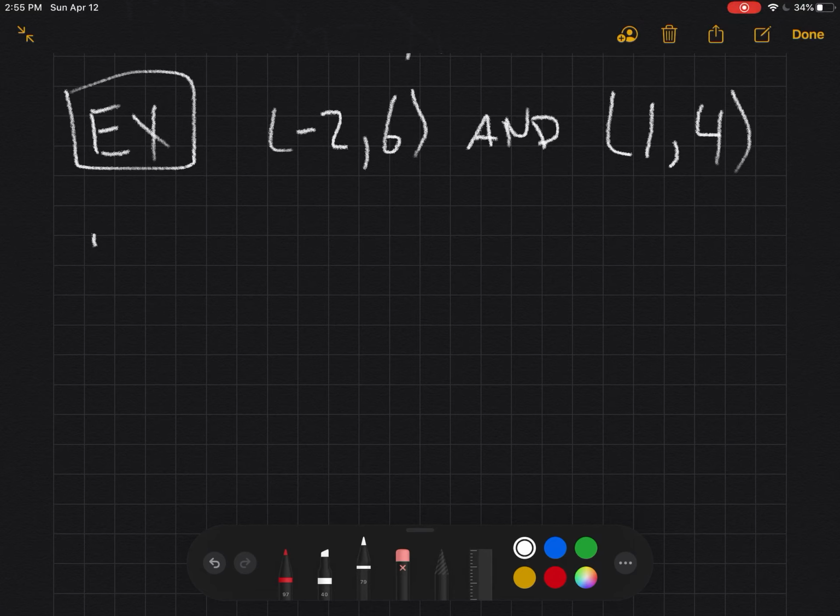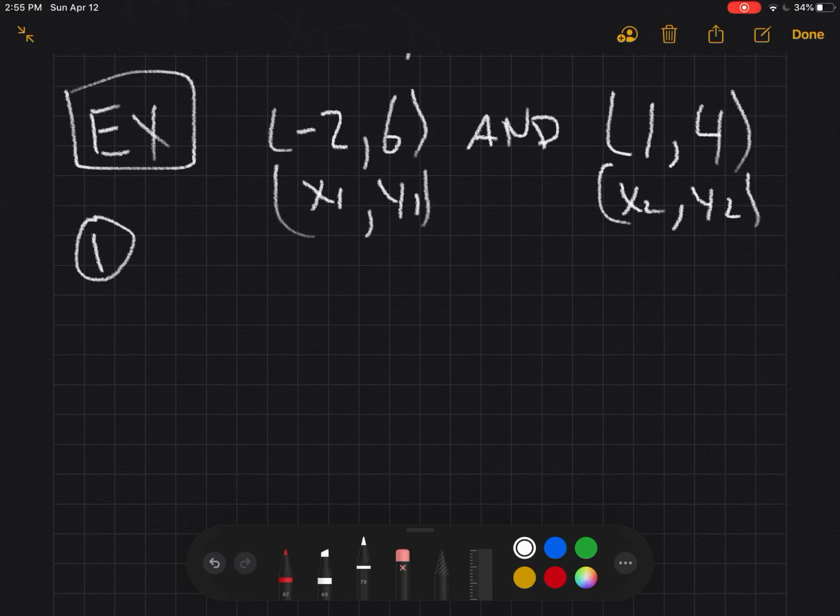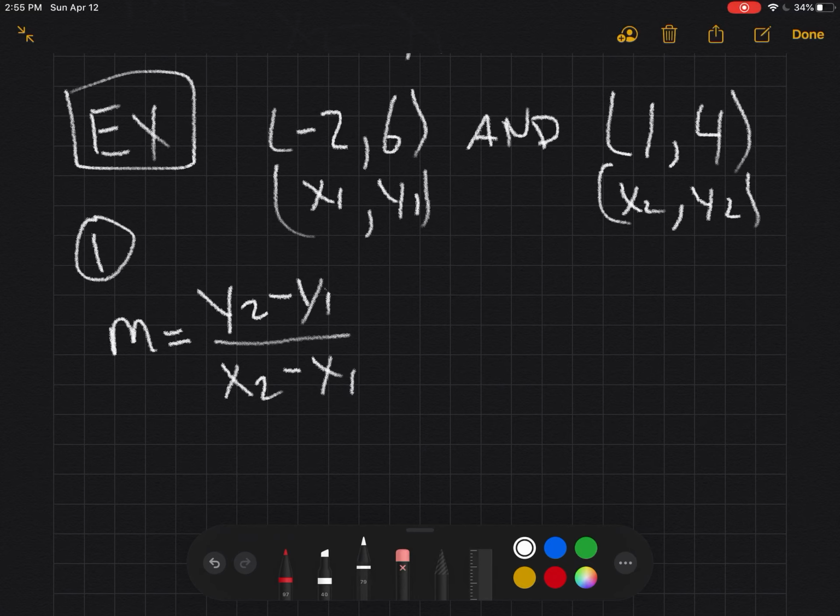So let's go ahead. And let's say we have our points. And for the first example, we're going to do this 2 ways. The first way, we're going to say, look, call this one x1, y1. And call this point x2, y2. So our formula says y2 subtract y1 divided by x2 subtract x1. And so we're going to start with y2 minus y1.